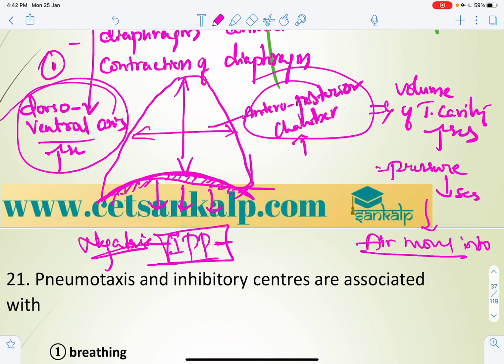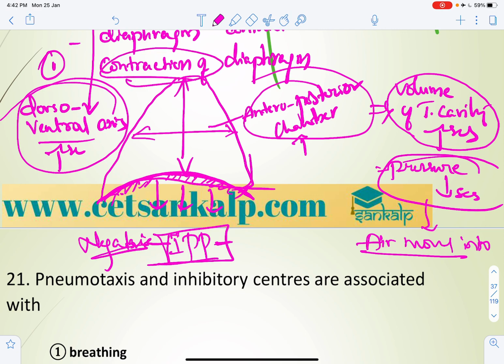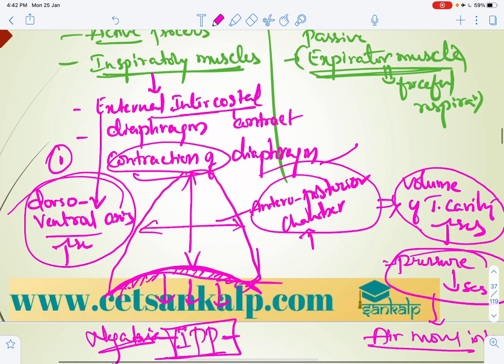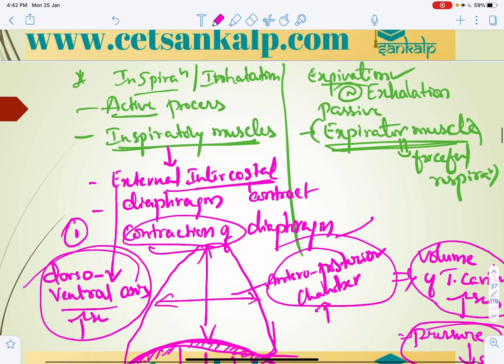Intrapulmonary pressure decreases due to the increase in the volume of the thoracic cavity. Why does it increase? Due to contraction of both the diaphragm and external intercostal muscles. You have to keep in mind that this is because of the contraction of inspiratory muscles.